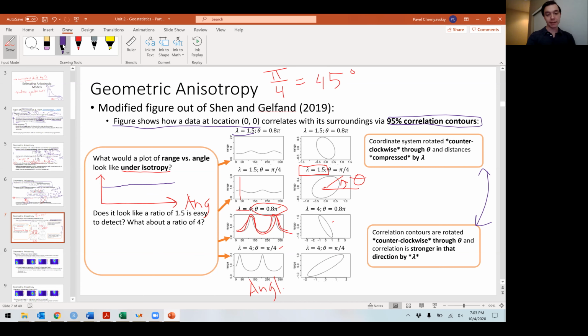And between these two sets of panels, it is definitely the top two that look a lot more flat than the bottom two. So you can intuitively imagine how easy it is to detect an anisotropy ratio of 1.5 versus 4 from your data. 4 is easier to detect.